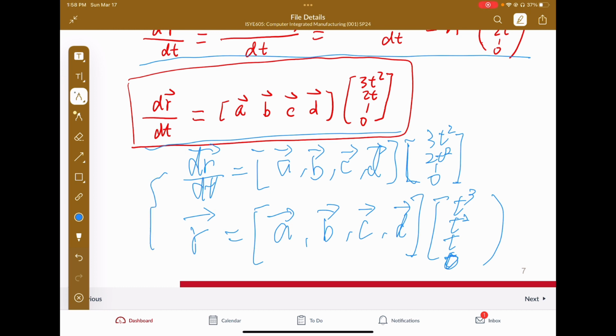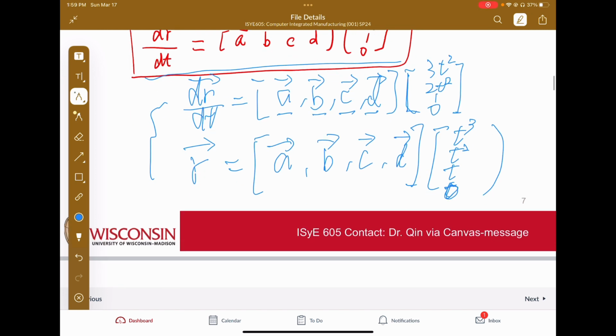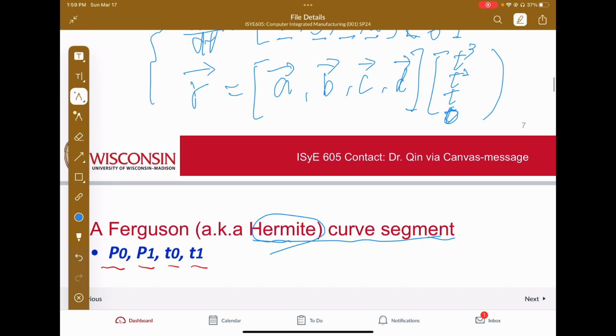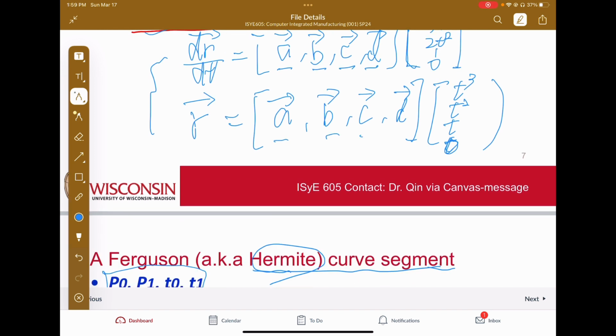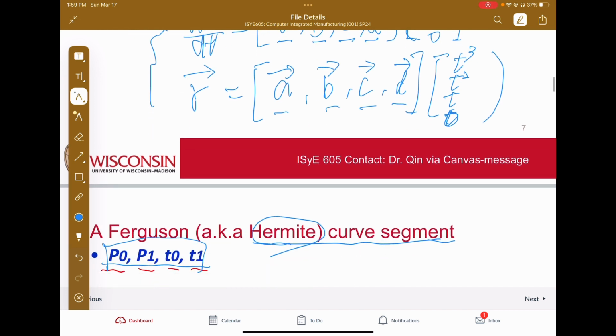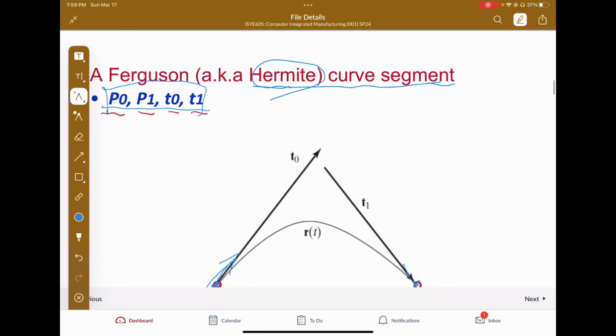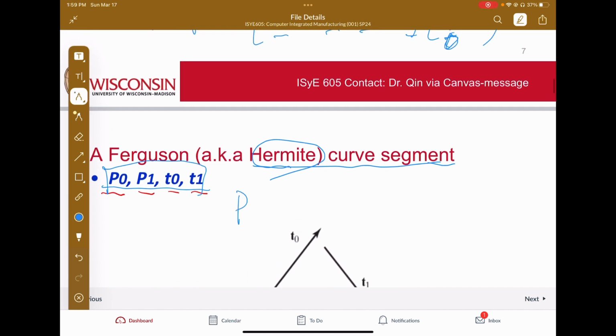In order to use a Hermite curve to describe any curve, you have to know the values of vectors A, B, C, D. So we will use the two endpoints and the two tangents at the endpoints to get the values of A, B, C, D. We use the endpoint P0.